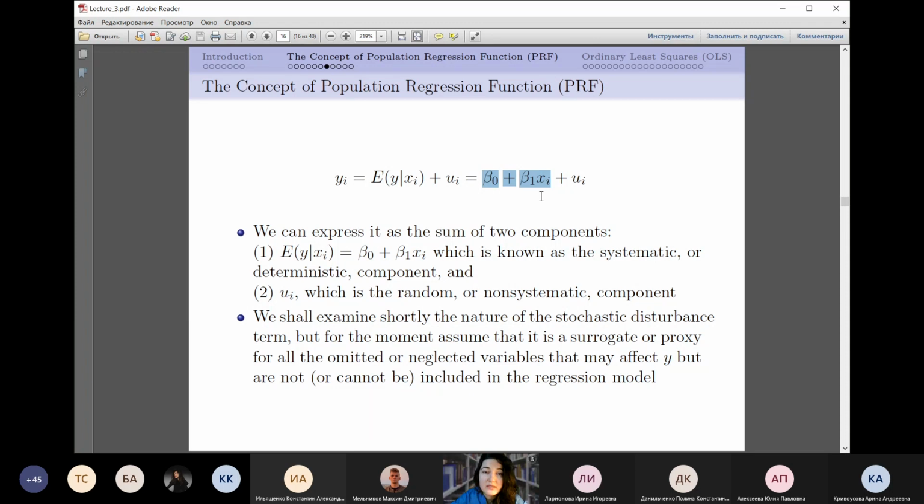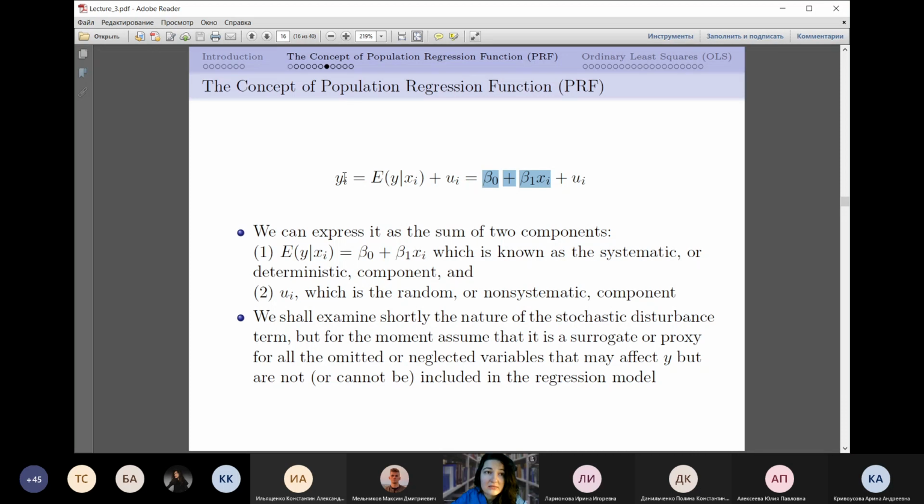For example, we say that the relationship is linear, but instead the relationship between the dependent and independent variable is not linear. Also, every time we can have some unobservable characteristics, some unpredictable elements that can influence our dependent variable.